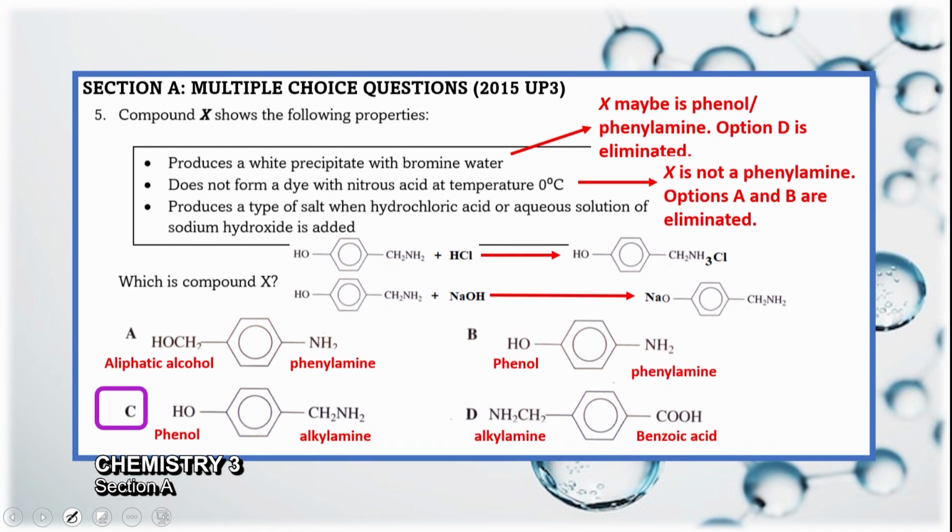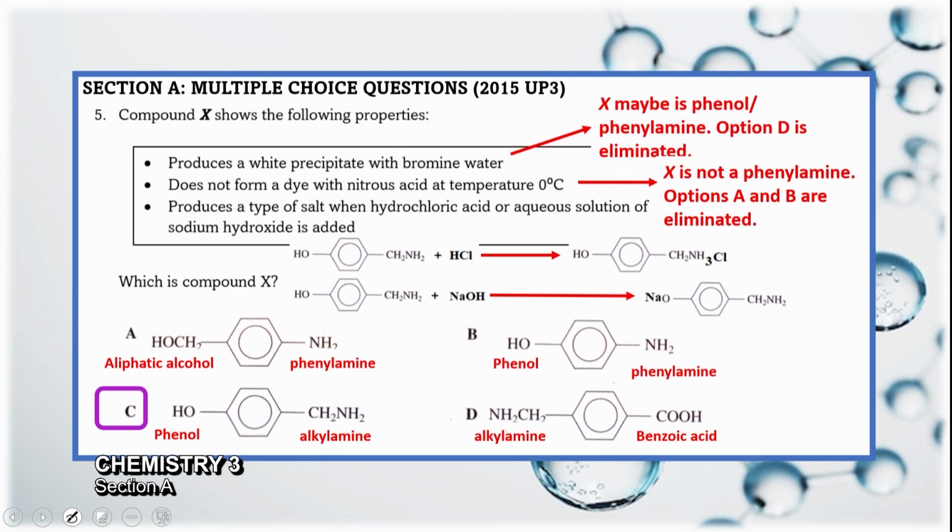Which is compound X? Looking at the options given to you, A, B, C and D, we can identify that in A, there is aliphatic alcohol and phenylamine. For B, we have phenol and then phenylamine. For C, we have phenol and alkylamine, and D, we have alkylamine and benzoic acid.